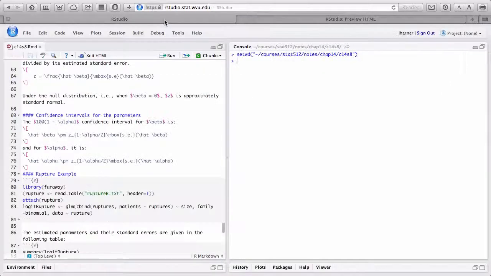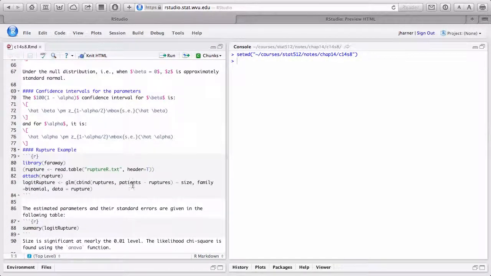Now, if we go back, and let me just run this inside here.